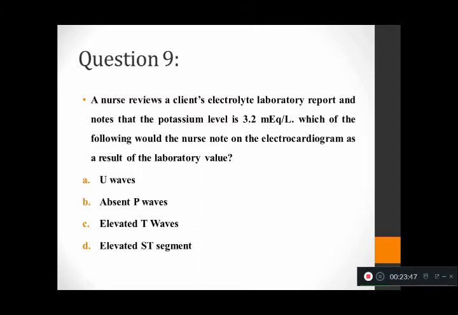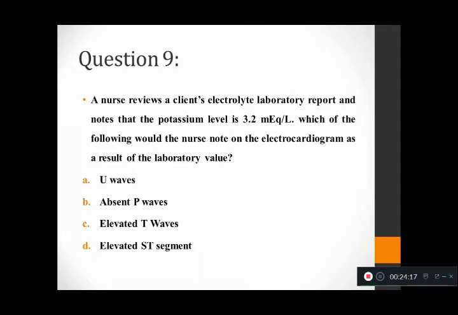In such a case, the ECG interpretations are inverted T waves, ST segment depression, and prominent U waves. This you have to note: prominent U waves in case of potassium deficit. Also, absent P waves are not a characteristic of hypokalemia.